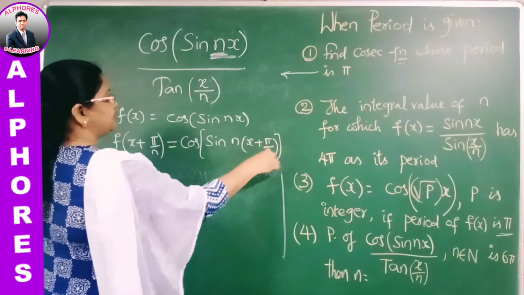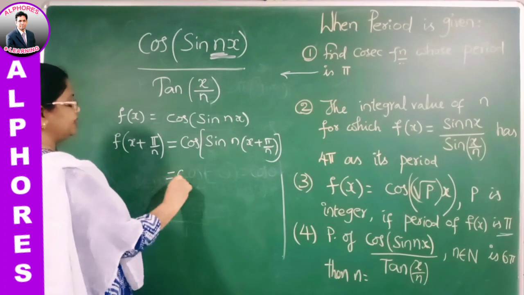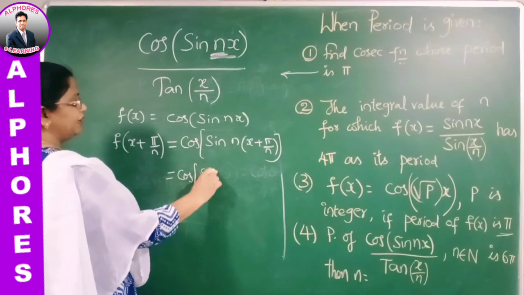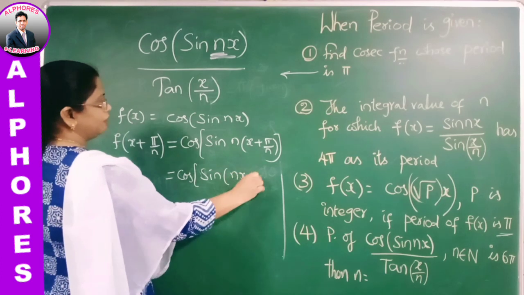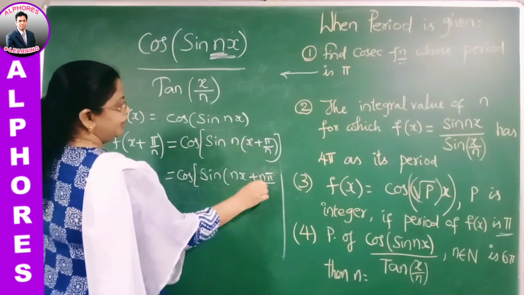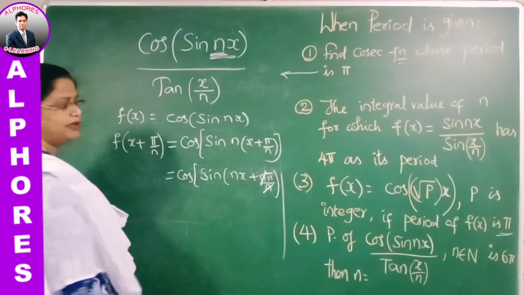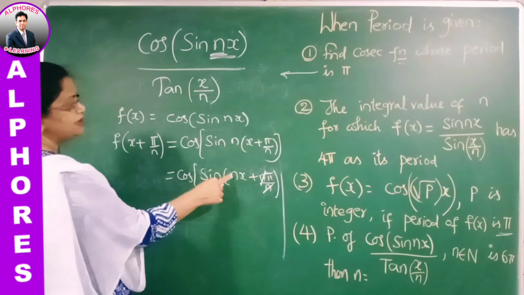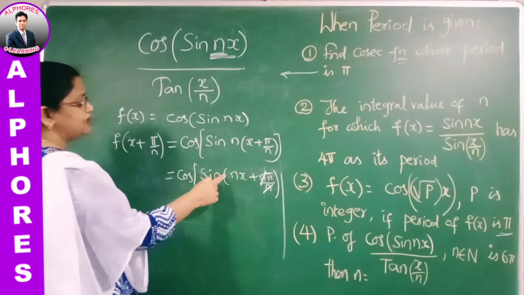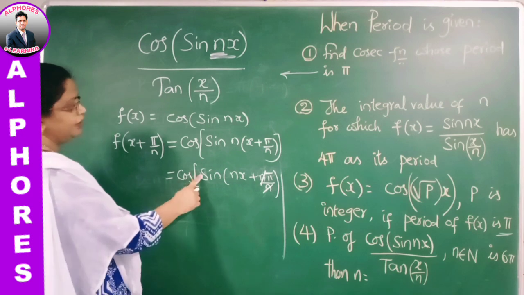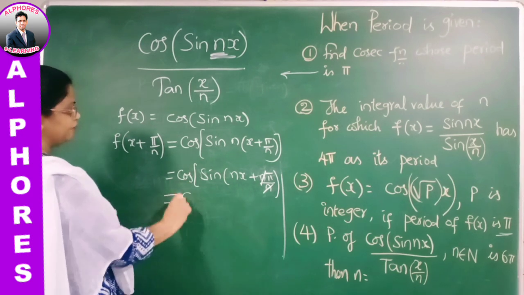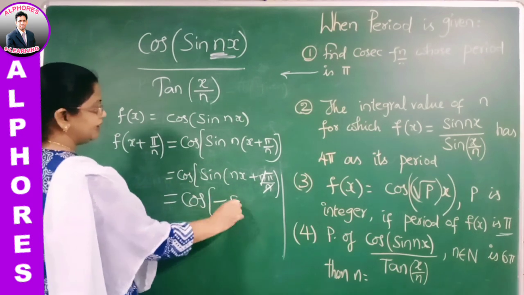According to the definition we are going. Now this is equal to cos of sine of nx plus n pi, divided by n. So this n and n get cancelled. You got pi plus nx. What is sine of pi plus nx actually? Minus sine nx. It is cos of minus sine nx.